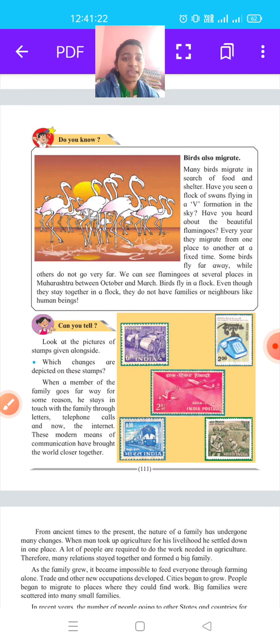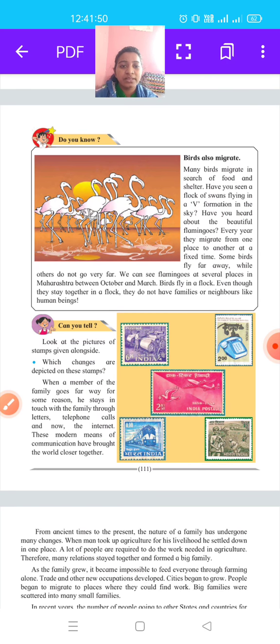Yes, one example of migratory birds is the flamingo. These birds migrate from one place to another at a fixed time, from October to March, in search of food and shelter. Now see what is next.